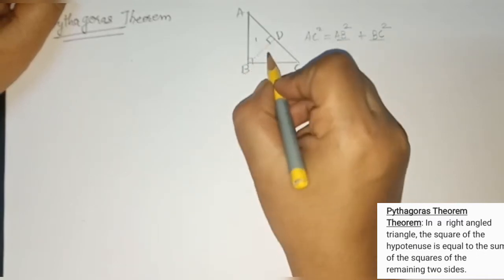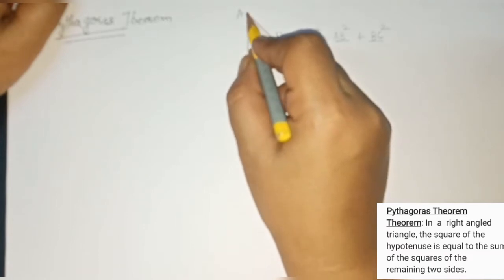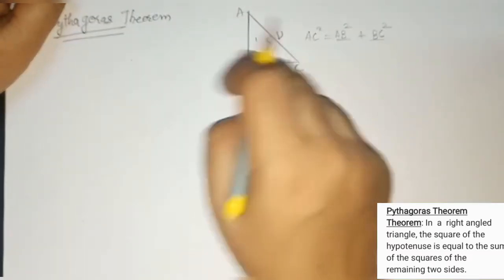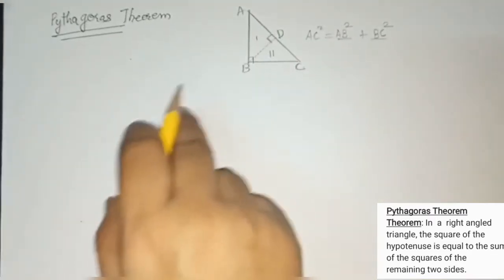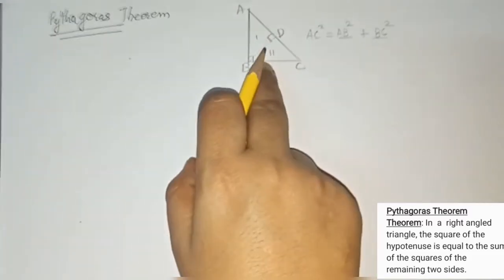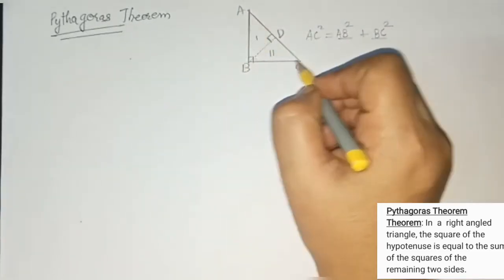We have got two triangles, and each of these two triangles is similar to the original triangle ABC. This we have proved in the previous similarity of right angled triangle theorem. So for that, please watch my video of similarity of right angled triangle, so that you will understand the similarity.